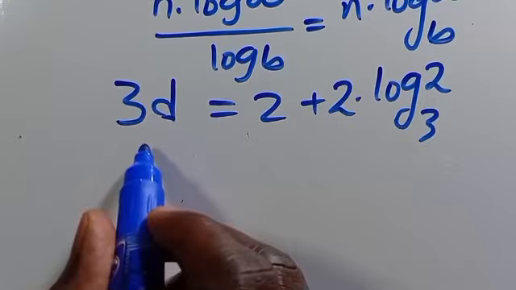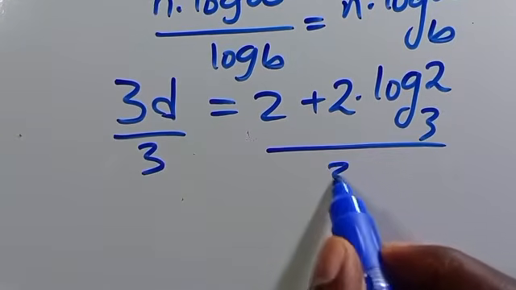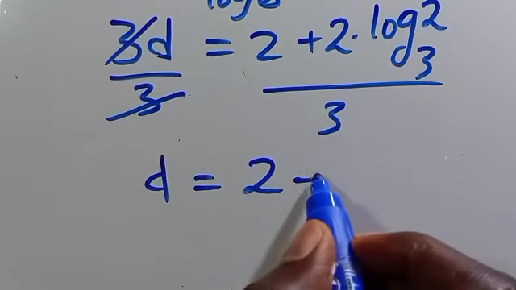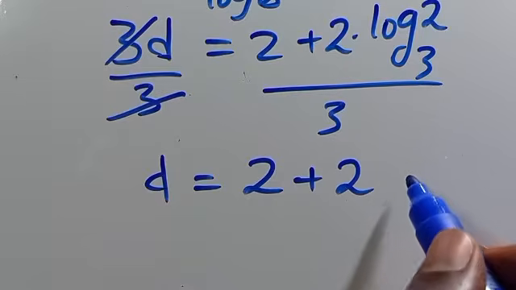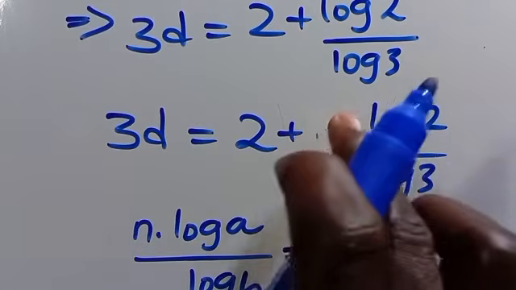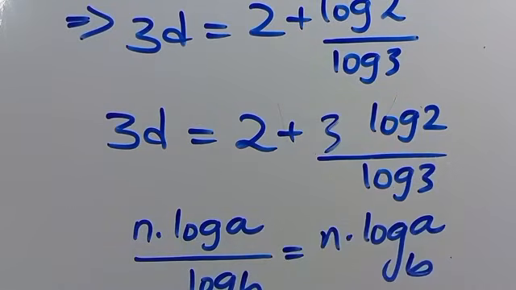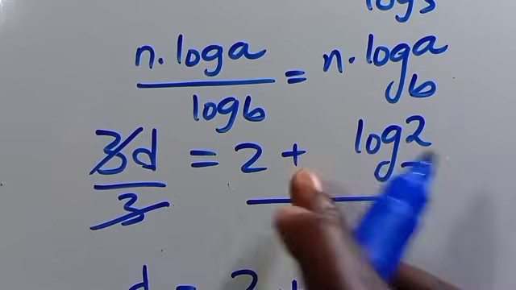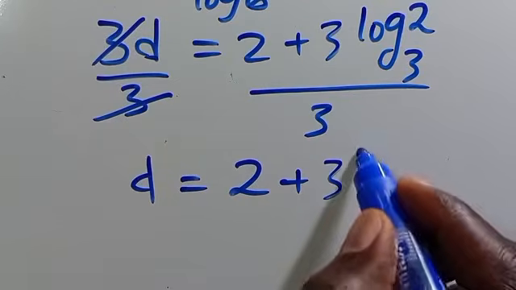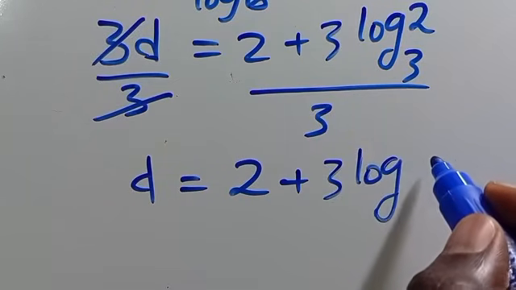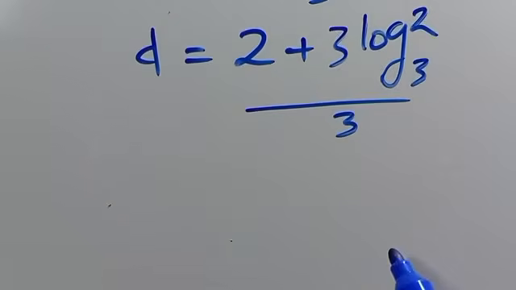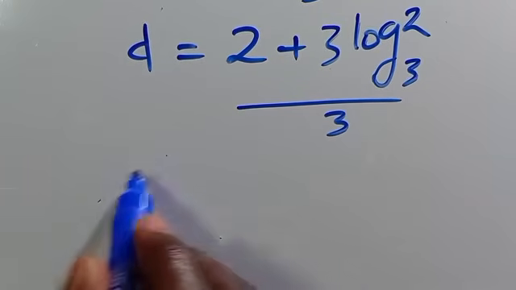So dividing through by 3, we have d equals 2 plus 3 log 2 in base 3, all over 3. So therefore, our d equals this.